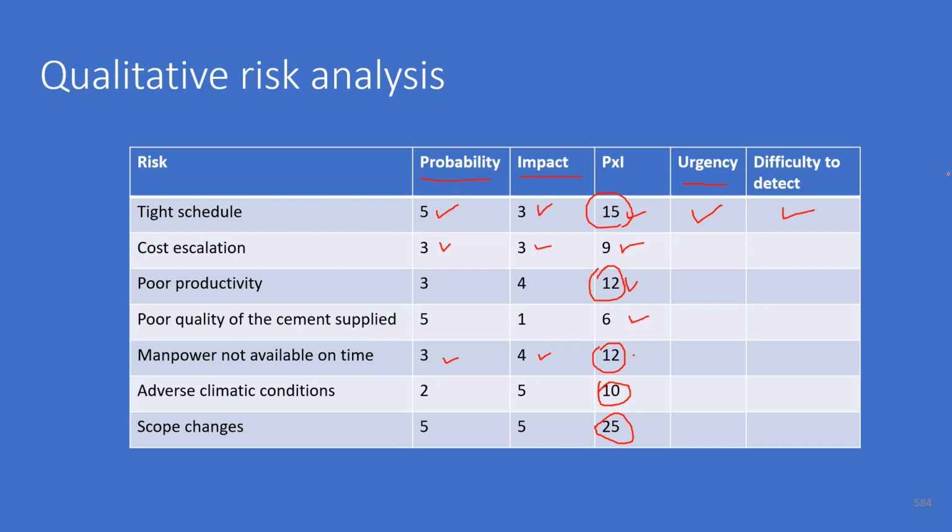Maybe an earthquake going to happen, that is very difficult to detect. So for such risk, we must give more weightage. See, in the ordinary qualitative analysis, we stop with P into I, but I feel it makes more sense if we add parameters like urgency and difficulty in detection.